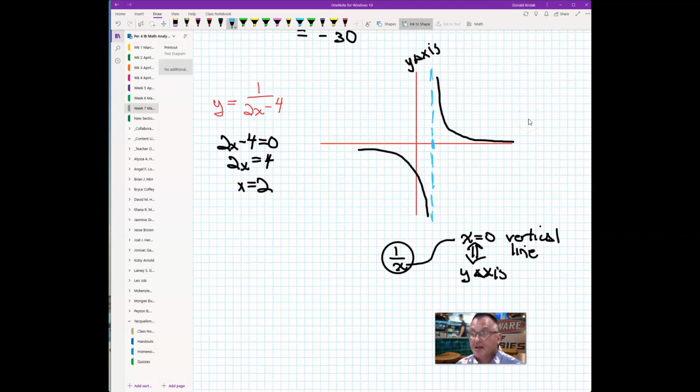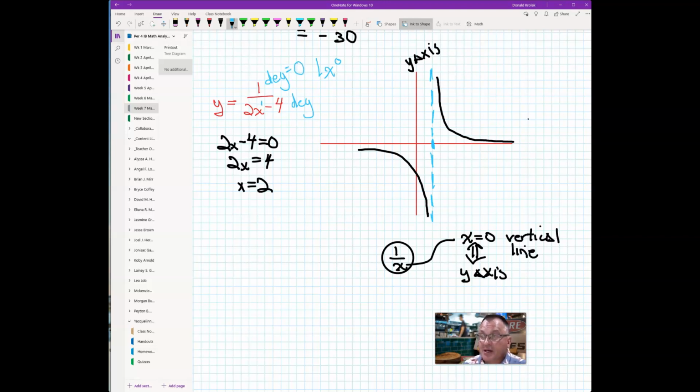Now, this also has what's known as a horizontal asymptote. That's the x-axis. There are shortcuts to figuring out where that is, and it has to do with comparing the degree of the numerator and the degree of the denominator. The degree of a number by itself is 0. The exponent on x to the first is 1. So the numerator here has a degree of 0.